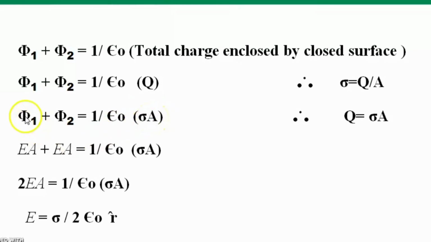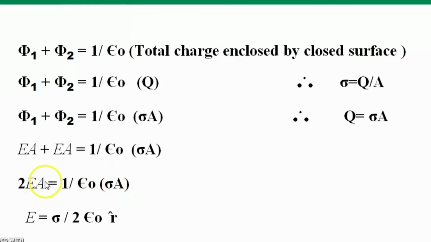Now, put the values. We know that flux 1 is equal to intensity multiplied by area, these are the magnitudes, and flux 2 is equal to intensity multiplied by area. Now add these two values. It will become EA plus EA, which is equal to 2EA, which is equal to 1 upon epsilon naught times the charge density multiplied by area.